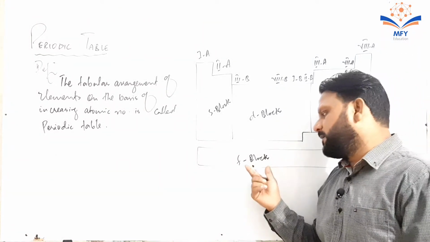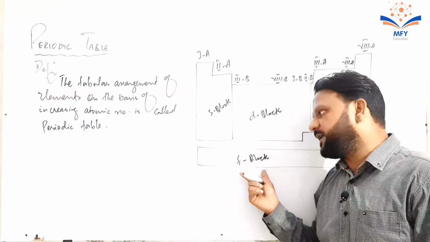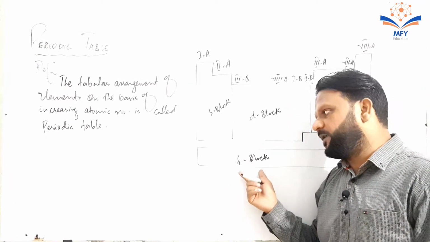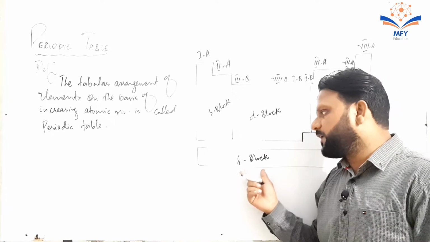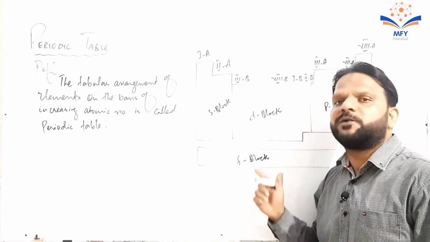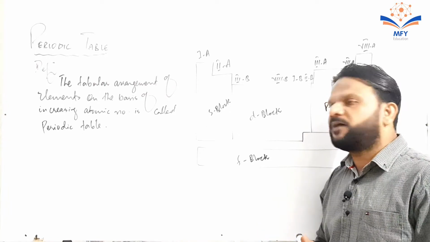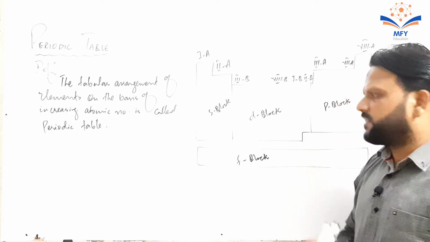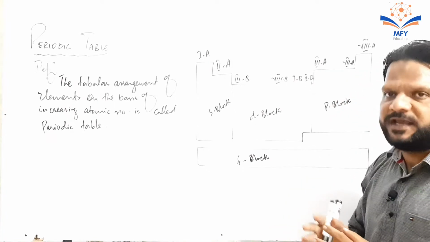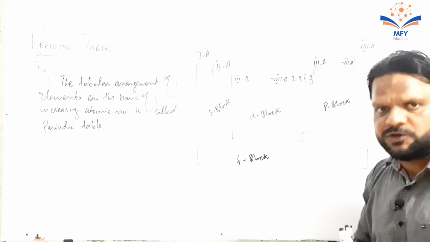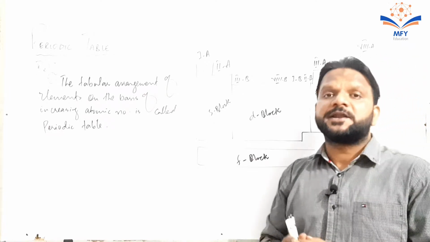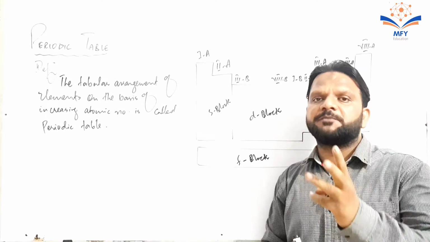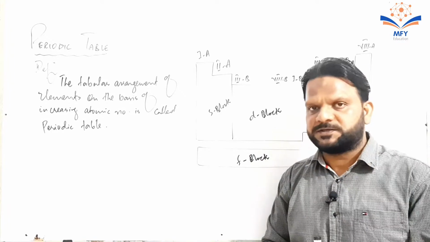There are two series. The lanthanide series contains 14 elements. The actinide series after actinium contains 14 elements. It means there are a total of 28 elements in the F block. On the basis of the electronic configuration, in which the last electron enters, there are four subshells, S, P, D, F. On this basis, the periodic table is divided into four blocks: S block, P block, D block and F block elements.